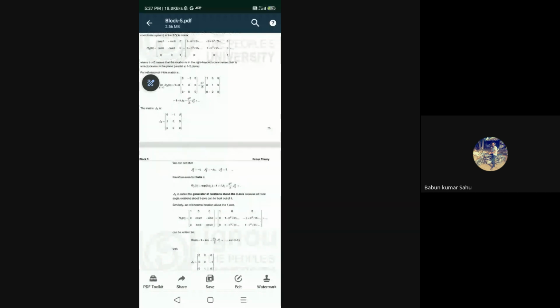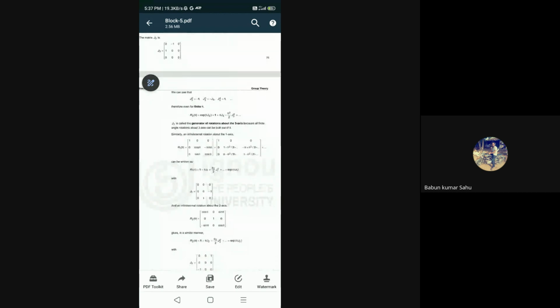So you can say that J3 squared is equal to minus 1, J3 cubed is equal to minus J3, and J3 to the power 4 is equal to 1, therefore even for finite theta. And J3 is called the generator of rotation about the 3 axis because all finite angle rotation about the 3 axis can be built out of it.